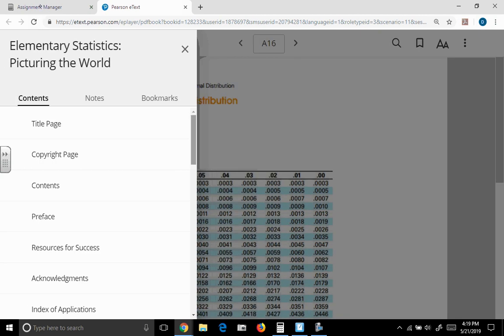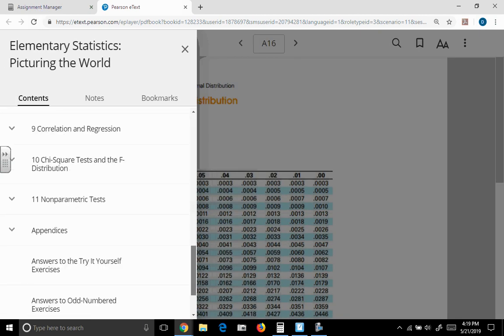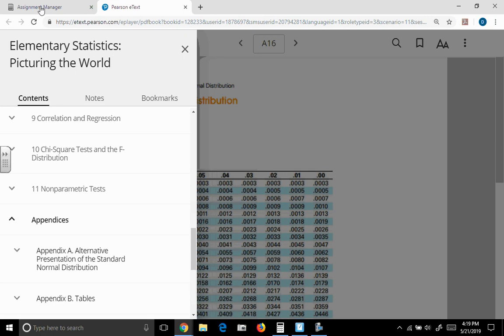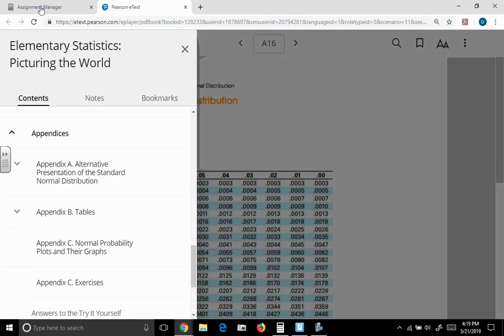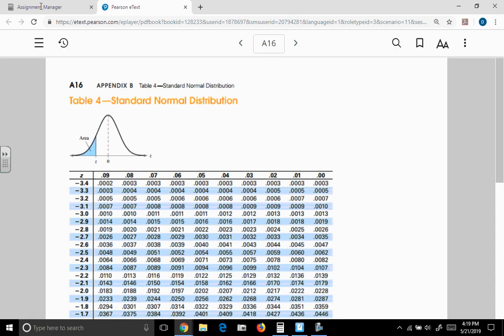If you go down to the table of contents to the very end and select appendices, Appendix B is tables, and it turns out on page A16, Table 4 of Appendix B, is our table that we've been dealing with.